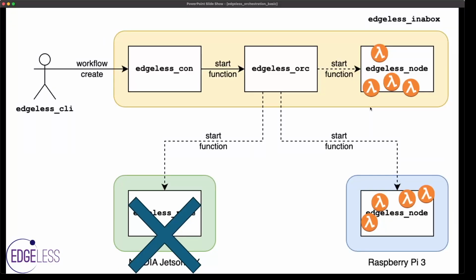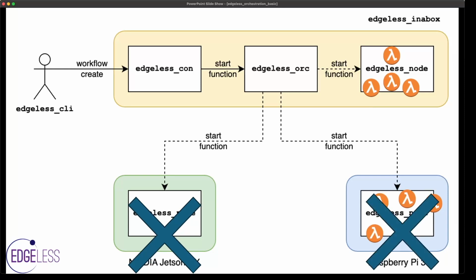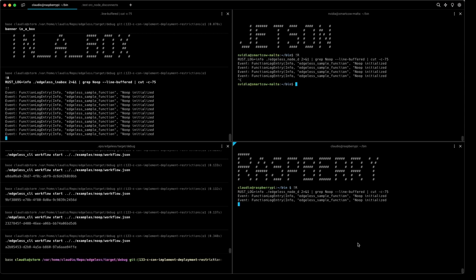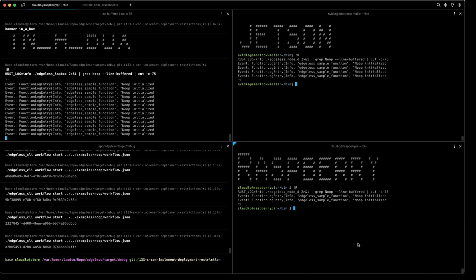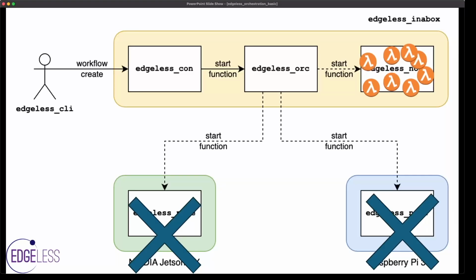If we are unlucky enough and also the Raspberry node fails, then also its instances will be moved to the only remaining node. As a matter of fact, now I kill also the Raspberry. We will see 2 more lines in the log of the Intel server, which is exactly what happened. And this concludes the first experiment.